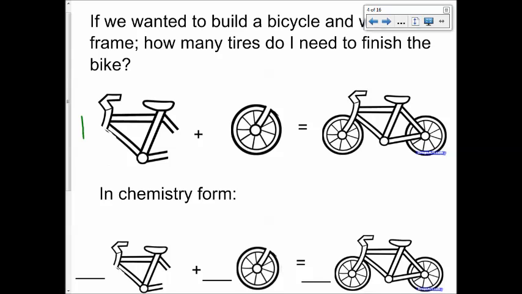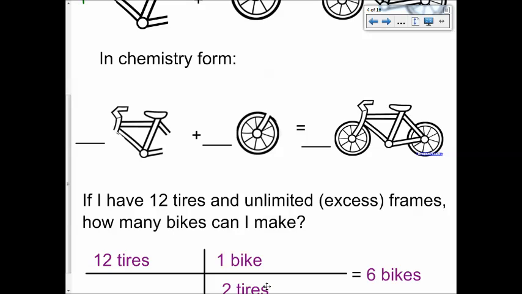We would need 2 tires. So if we work our way down in chemistry form, it is going to be one frame plus 2 tires is going to give me how many bikes? 1. That's what we're doing with atoms when we combine everything together.